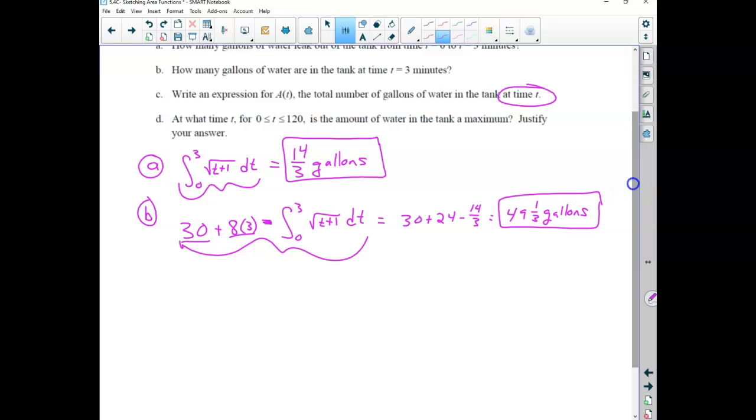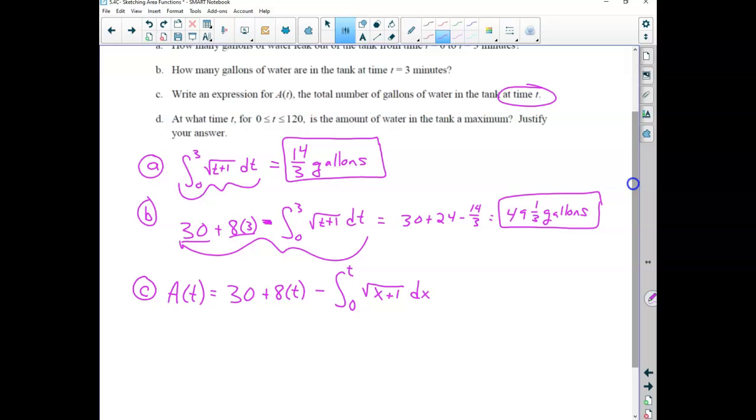So this is going to be part C. My A of t is going to equal my initial amount of water plus 8 gallons per every t minutes minus my integral from where? From 0 to t of the square root of x plus 1 dx.